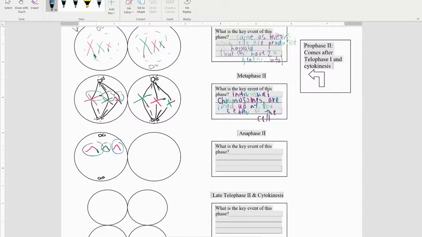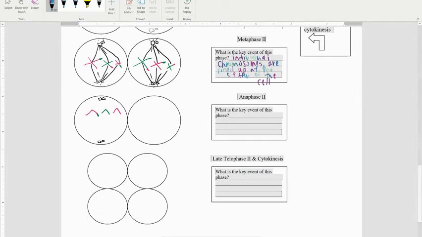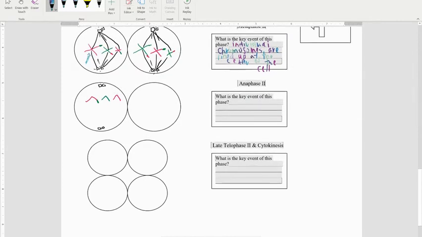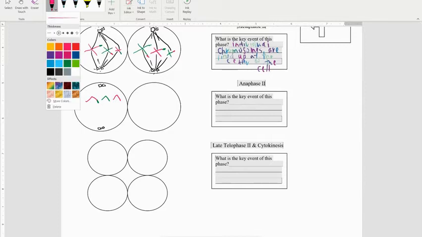Just so you're understanding where I'm going with this, I'm going to get rid of all of that here. Chromosome. So now I'm looking at this half right there, the half that got pulled this way. All right, let's switch colors again.